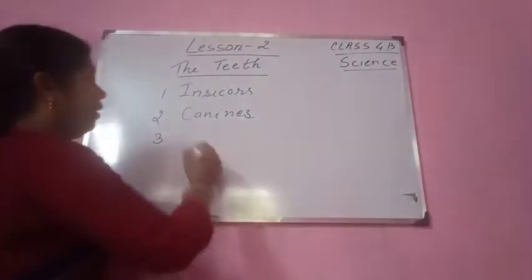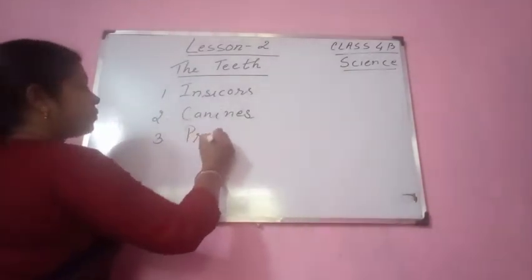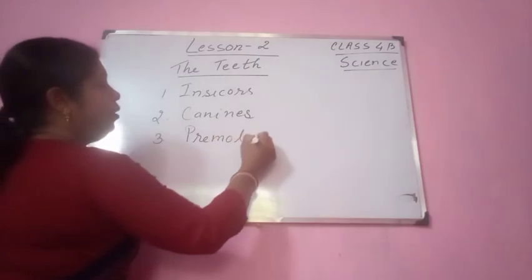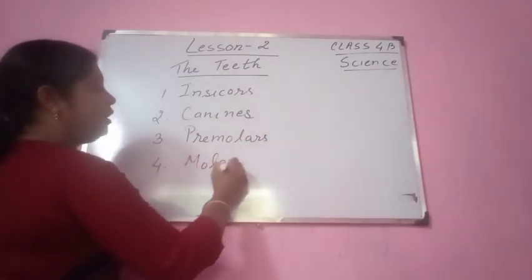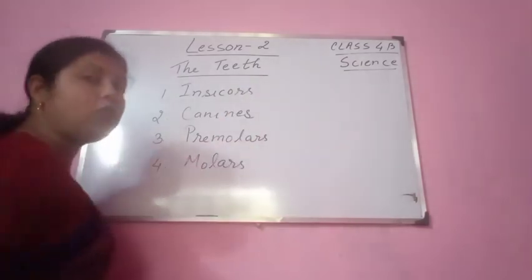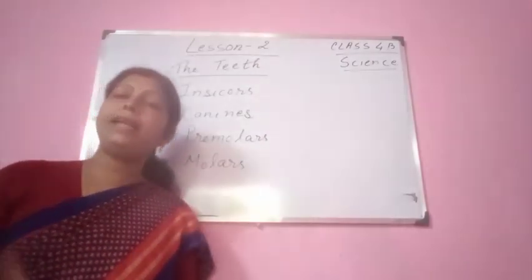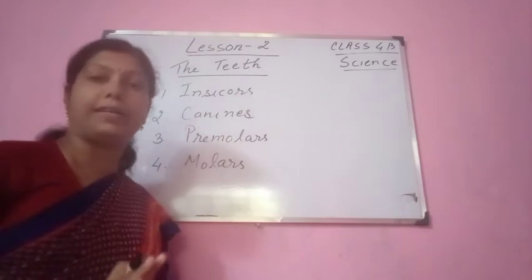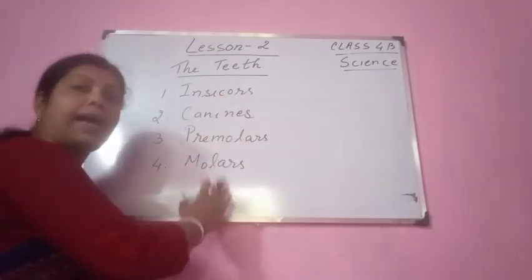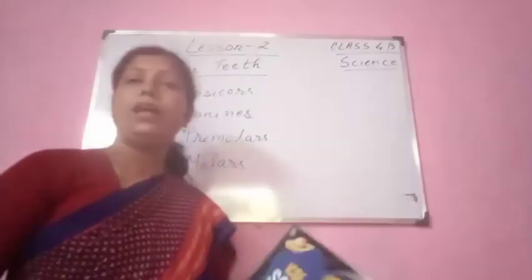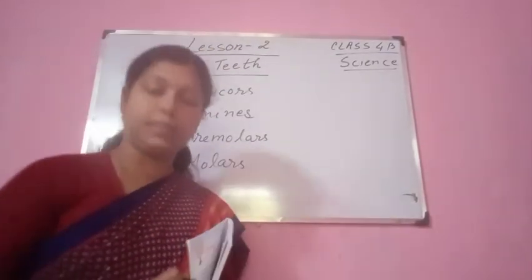Number 3 is premolars and number 4 is molars. So according to their shapes and functions, teeth are divided into 4 kinds. What are they? Incisors, canines, premolars and molars. Alright, now one by one we are going to discuss.